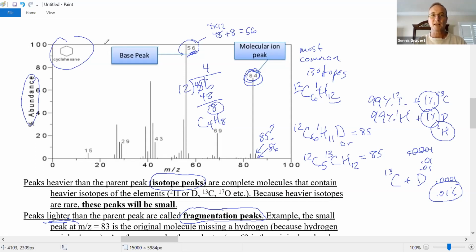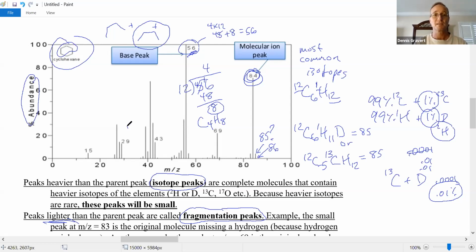C4H8, if it came from cyclohexane, it's like a butane fragment. It's 4 of these carbons, like this piece right here, has a cation. Probably not primary, it's probably rearranged. So this mass 56 is probably this cation. It lost 2 carbons and the associated hydrogens. Well, where'd they go?